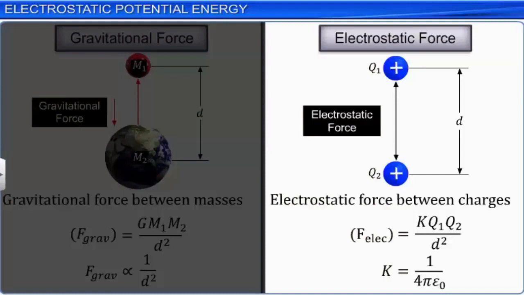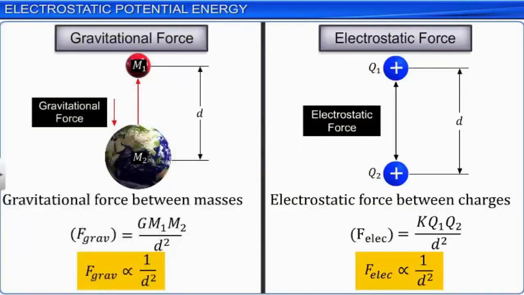We can say that the electrostatic force F is inversely proportional to the square of the distance d between the charges. When a force acting between two bodies is inversely proportional to the square of the distance between them, that force is said to be obeying the inverse square law.